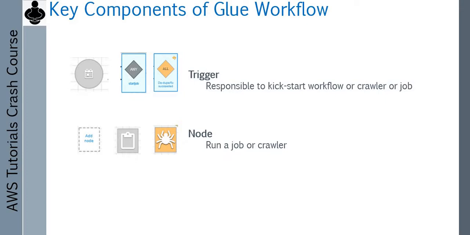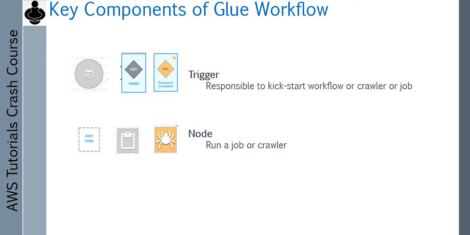Trigger can start in three methods. It can be started on demand manually, or it can be started based on event, or it can be started based on schedule. Then comes the second component, which is node, and node is responsible to run the job or run the crawler. So keep this in mind.